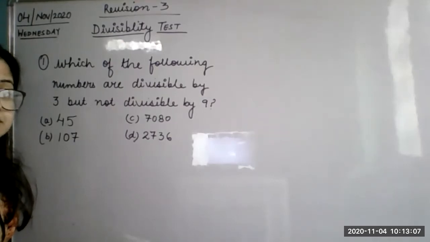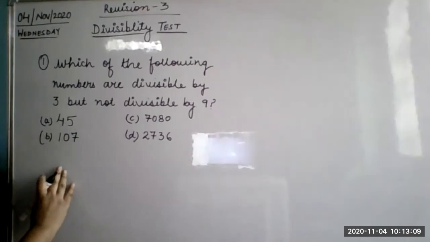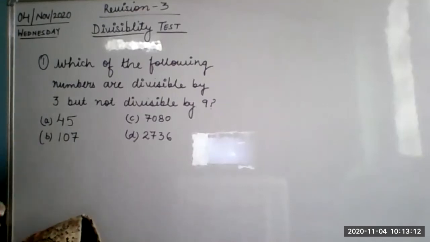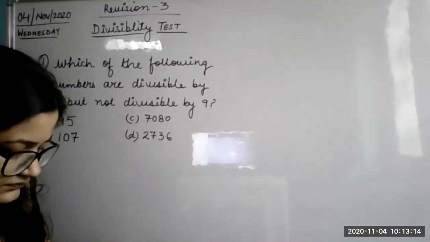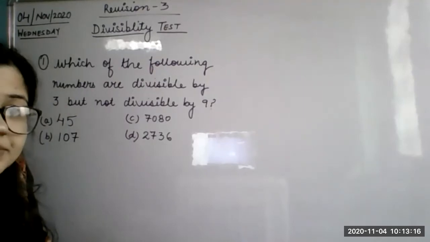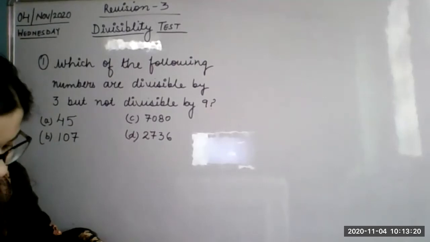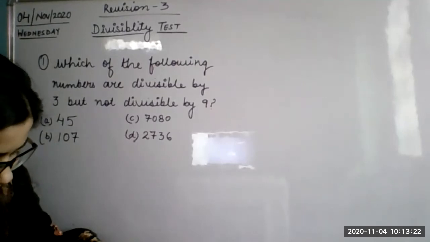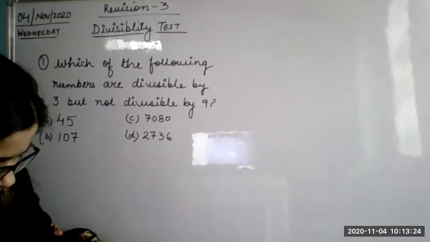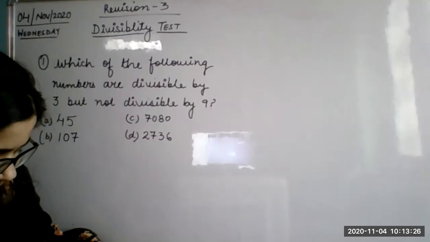Do this question first based on divisibility tests in your revision copy. If it is revision, that means you have to do it in the revision copy. Do it quickly.